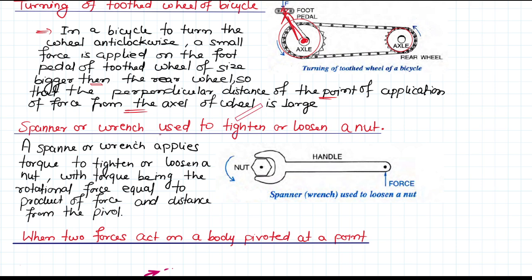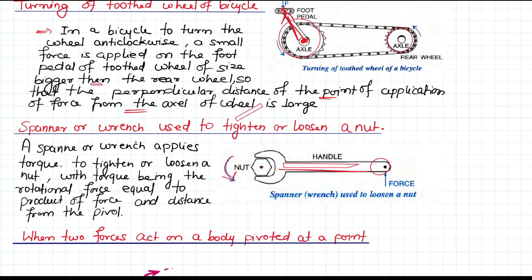Then a spanner or wrench is used to tighten or loosen a nut. You can see the nut here, and we apply the force at the handle, at a distance. This is the perpendicular distance, and it creates the rotation.